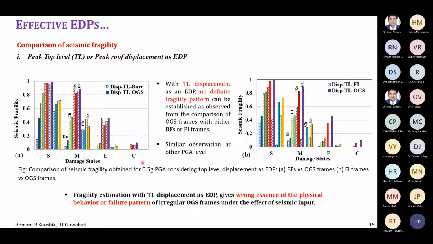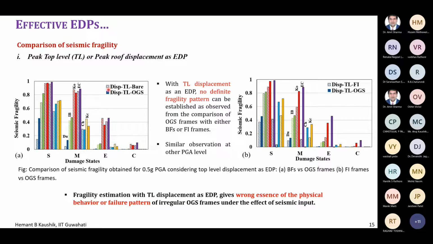So these are the damage states. For different damage states, we get the seismic fragilities, and these fragilities are shown on the vertical axis here. So for slight damage, moderate damage, extensive damage, and collapse, we get such kinds of fragilities.